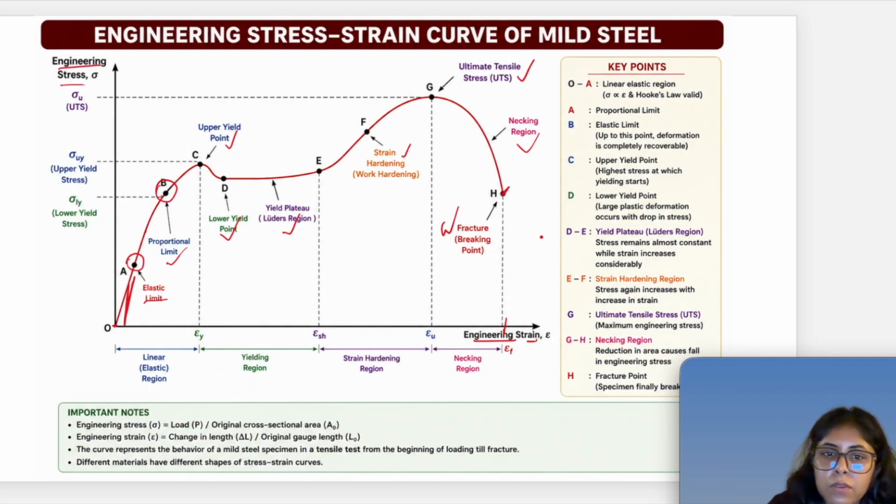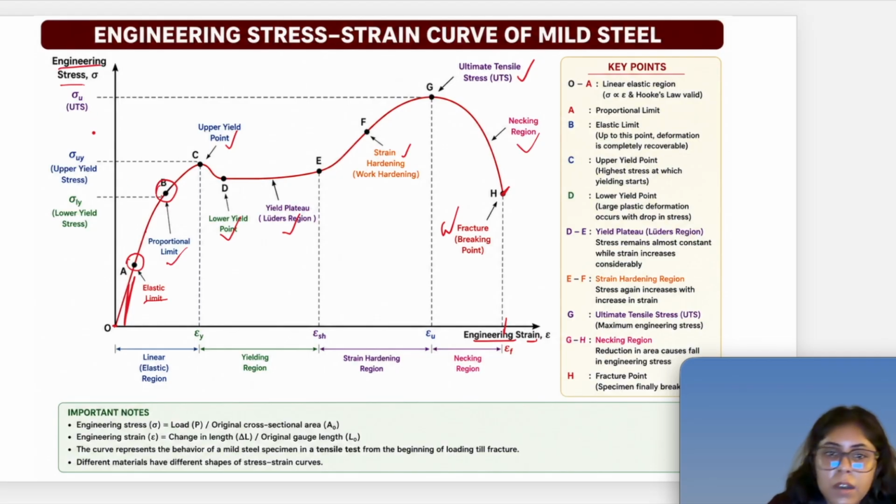Okay, and what is the upper yield point? It's the highest stress at which yielding starts. And the lower yield point is where large plastic deformation occurs with a drop in stress. So the lower yield point is the point after which the yield plateau starts.